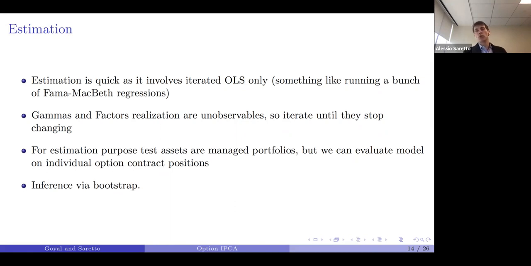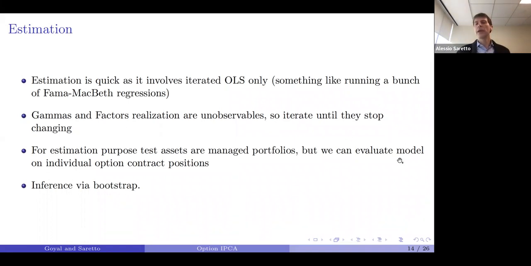Imagine that you sort all stocks, all option contract positions, on the at-the-money implied vol, and then you create a portfolio that is a weighted average of all the returns, weighted by their at-the-money implied volatilities.